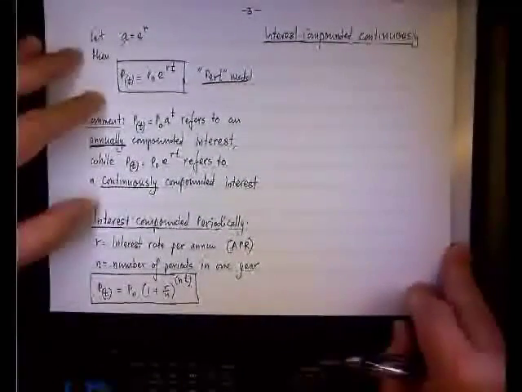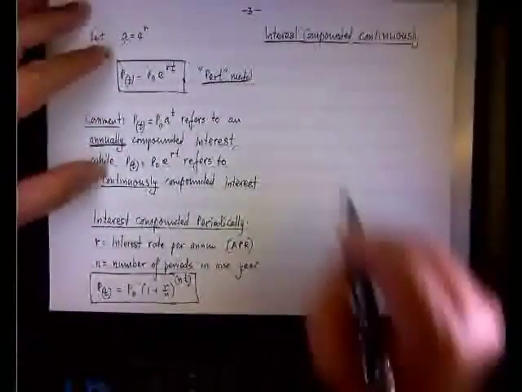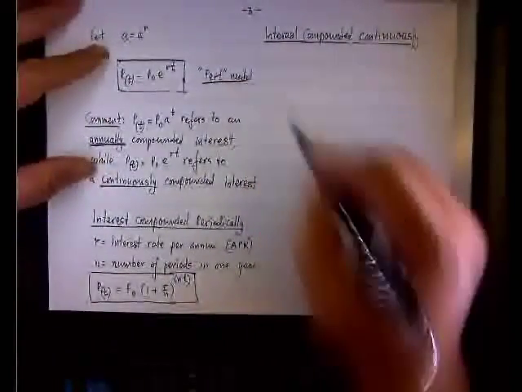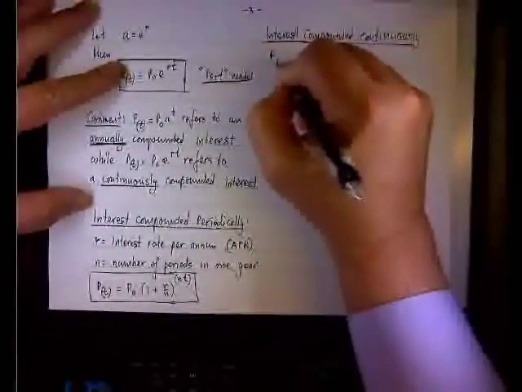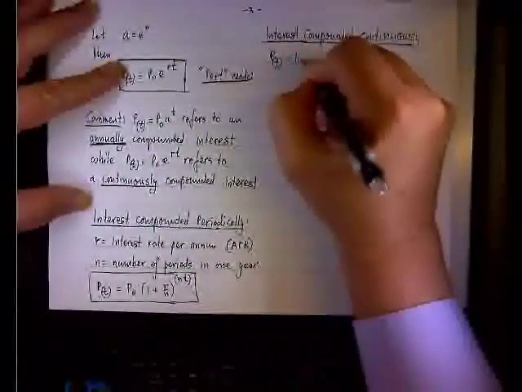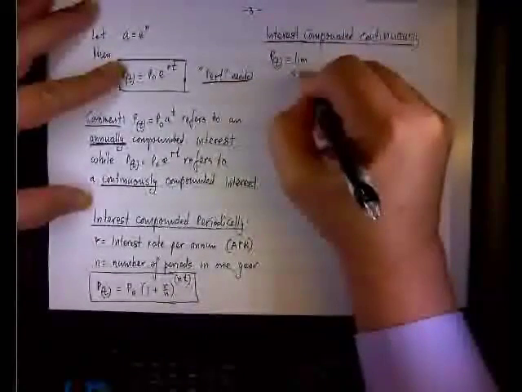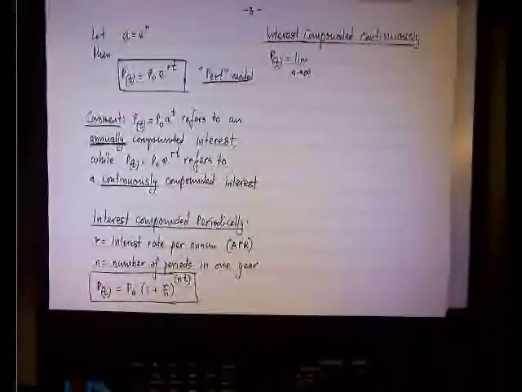We're going to start with, if we compound it continuously, then looking at the model right here, for the continuous model, P of t will be the limit as n goes to infinity, because what does continuously mean? It means that for the periods in 1 year, we're going to compound infinitely many times. We'll have infinitely many periods.